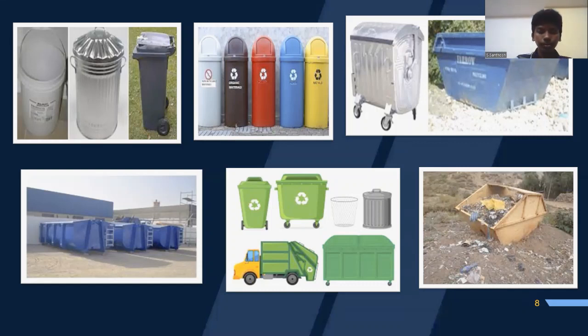And here you can see there are these bigger sized containers. This is what I was saying about the fixed or stationary ones, which cannot be removed from their place, or it will be difficult to remove them. We'll just have to remove the garbage from them and dump it into the truck.